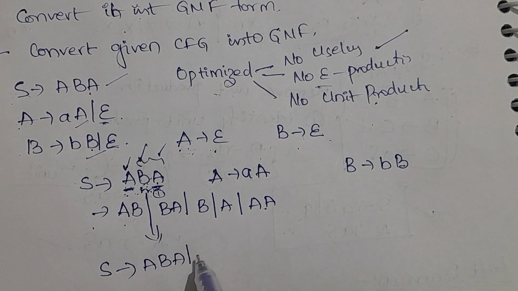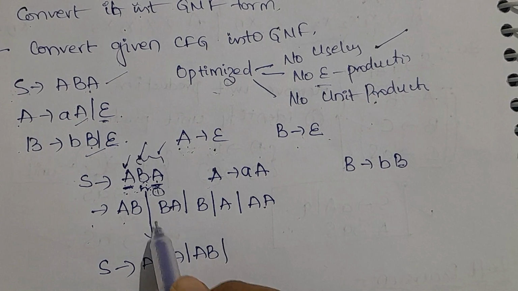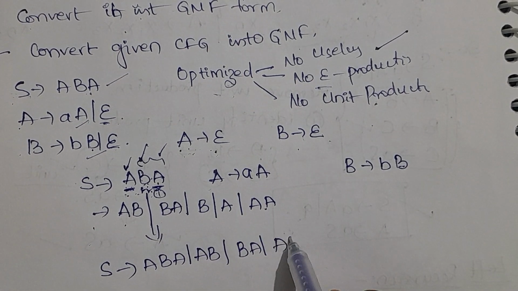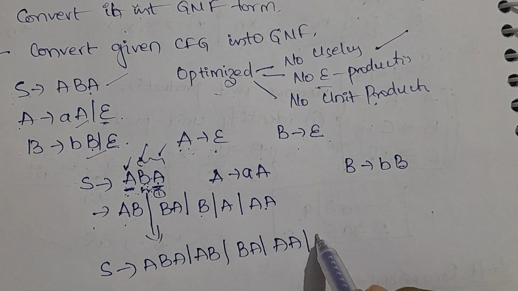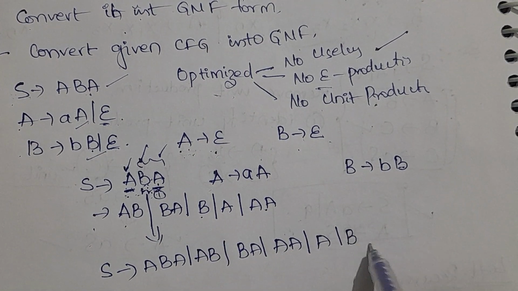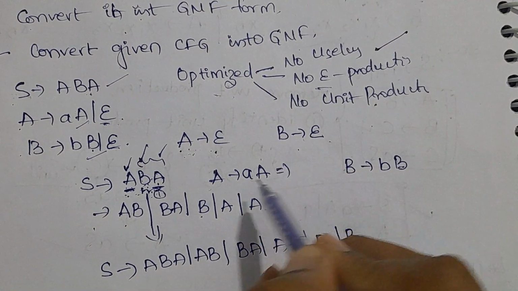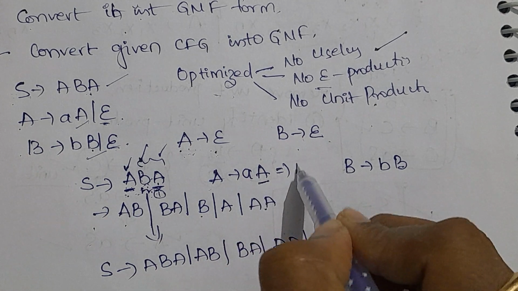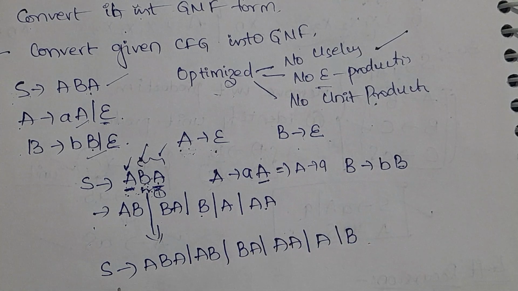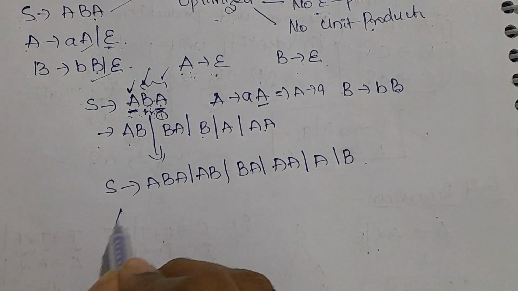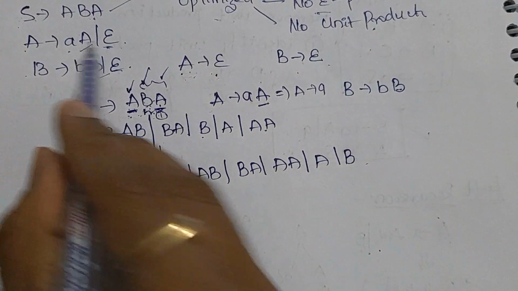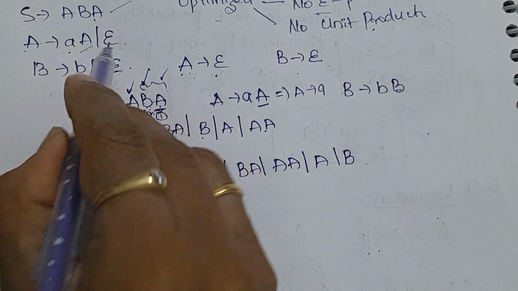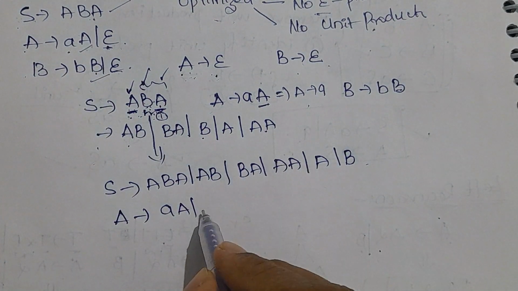After that, AB is one possibility, BA is one possibility, and AA is one possibility, later on A or B. Now, if in place of A I replace epsilon, I will get A tends to A. That means A tends to AA will be as it is. In place of epsilon, I will be replacing A here.